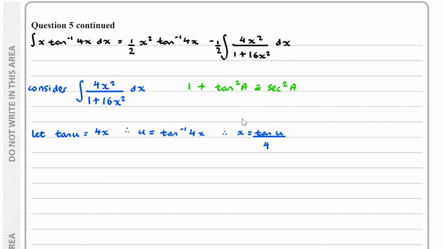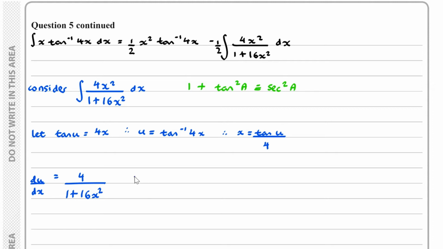So if we work out what du over dx is, well, through the chain rule we've already worked out what du over dx is. That will be 4 over 1 plus 16x squared.